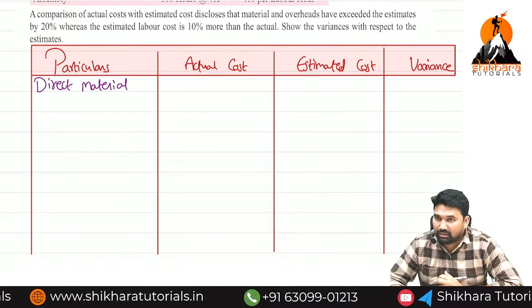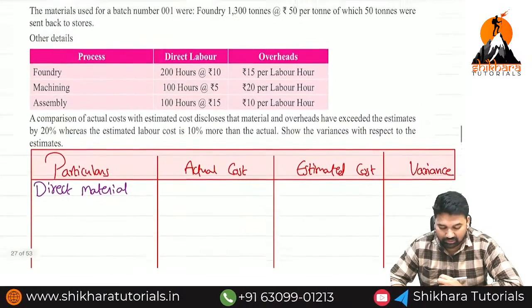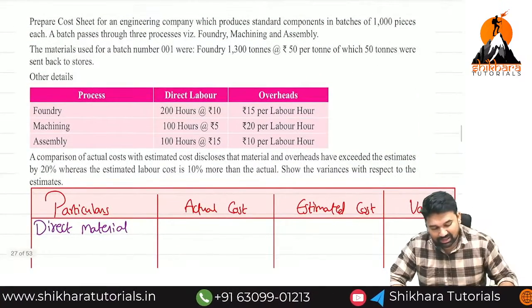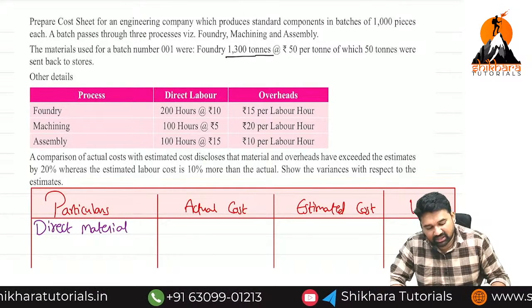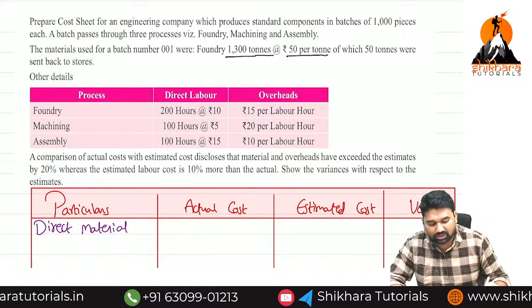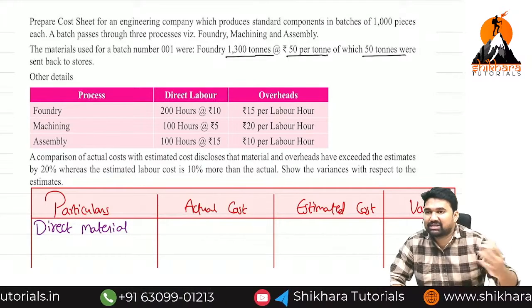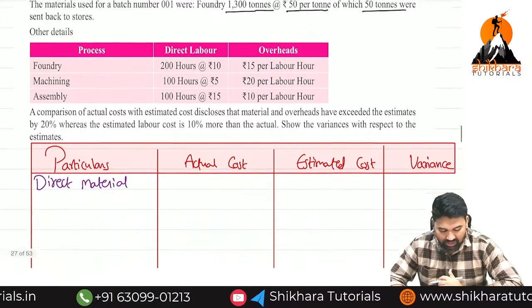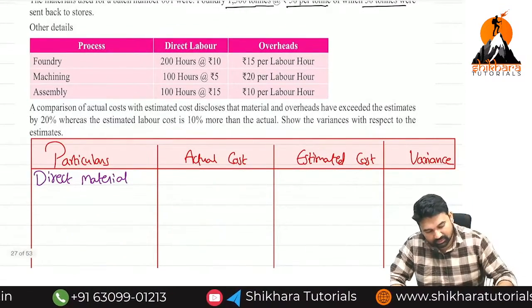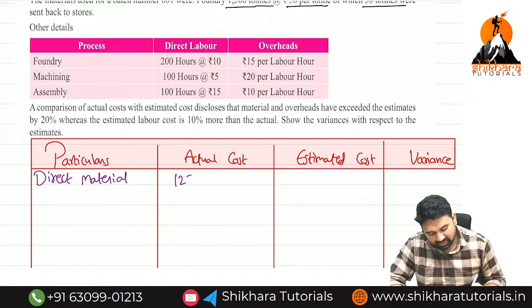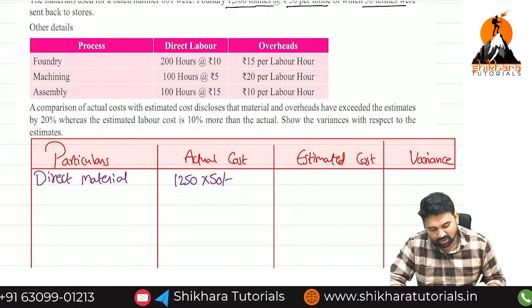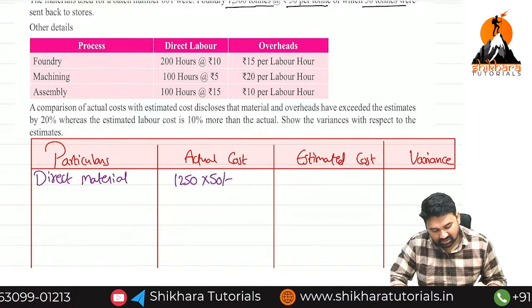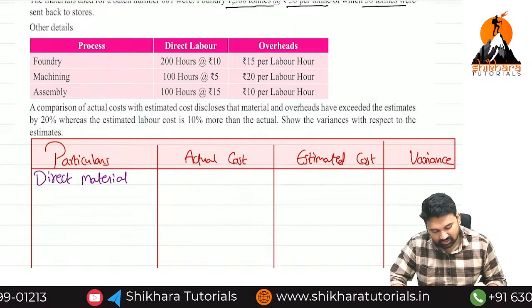Listen carefully from the problem. What is the actual cost? 1300 tons at 50 per ton issued. Out of this, 50 tons returned. That means 1250 tons is your consumption, each ton is 50 rupees. So the answer is 62,500.